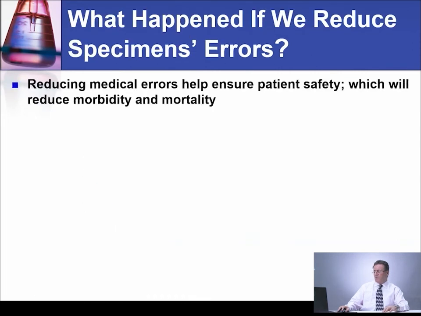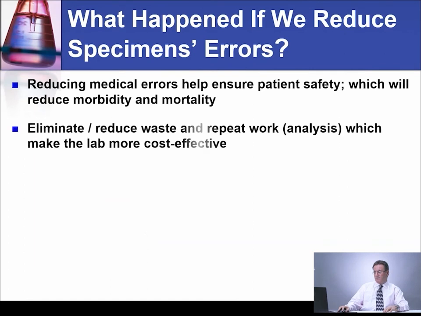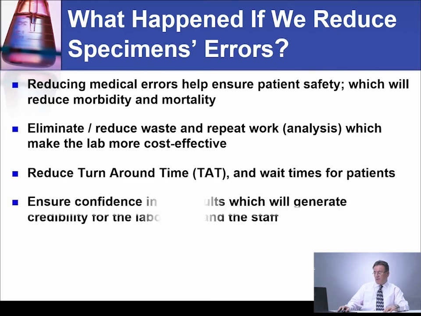What happens if we reduce specimen errors? Reducing medical errors will help ensure patient safety, which reduces morbidity and mortality. Eliminate or reduce waste and repeat work or analysis, which makes the lab more cost effective. It will reduce the turnaround time and wait time for patients.